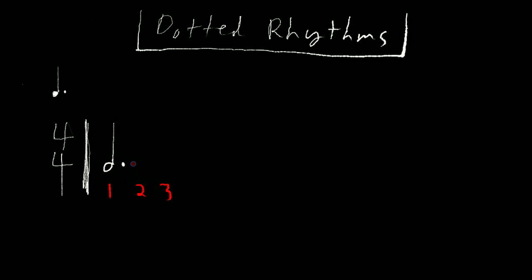Hopefully you understand this, and if you don't, you should go back and watch those other videos that I've got. This is the third video I'm going to have on dotted rhythms, and hopefully you understand that this dotted half note is going to take up the space that a half note would, which is 2 beats in 4/4, plus 1/2 of that half note, which is an additional beat. So it's going to take up 3 beats total.